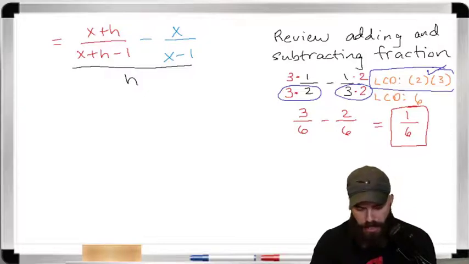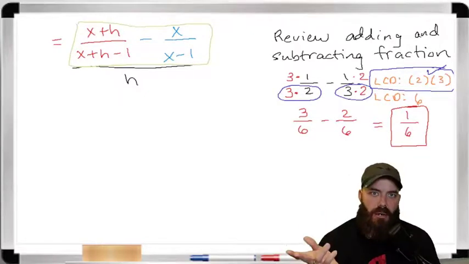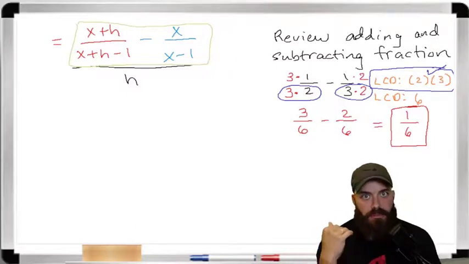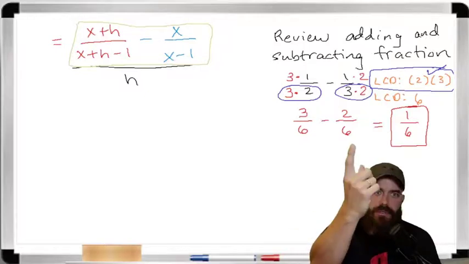Look at the top here. Let's not worry about the h right now. We have the red fraction and the blue fraction being subtracted, so we have two fractions being subtracted, just like we did in this review.